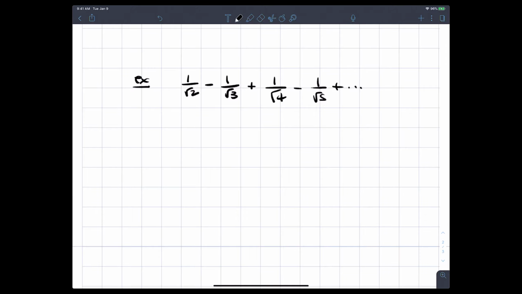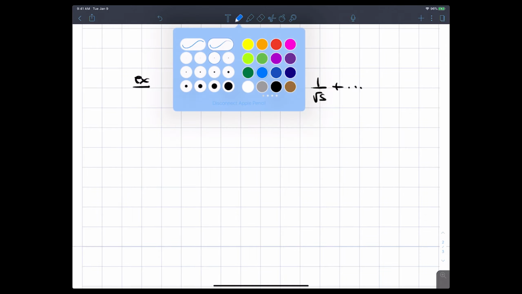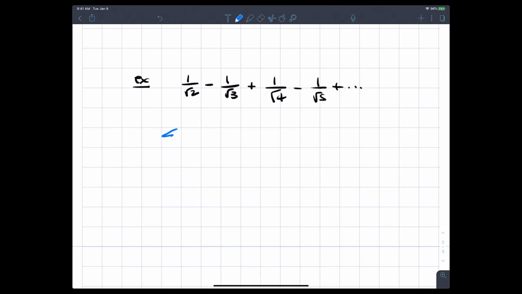We can describe this series as 1 over the square root of n, and it starts at 2, so I'm going to say start at n equals 2. It doesn't matter if it starts at 1 or 2.